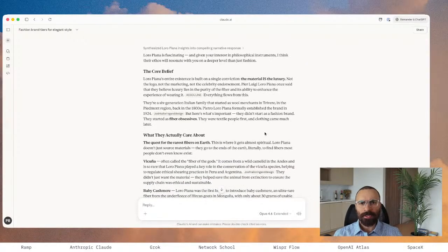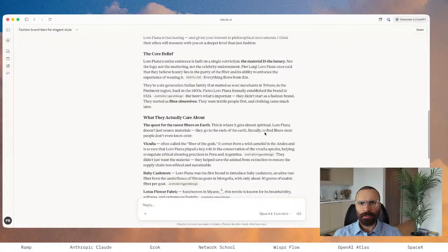Loro Piana is fascinating, and given your interest in philosophical instruments, I think their ethos will resonate with you on a deeper level than just fashion. Their entire existence is built on a single conviction: the material is the luxury, not the logo, not the marketing, not the celebrity endorsement. Wow. You don't see a lot of celebrities in Loro Piana's marketing.